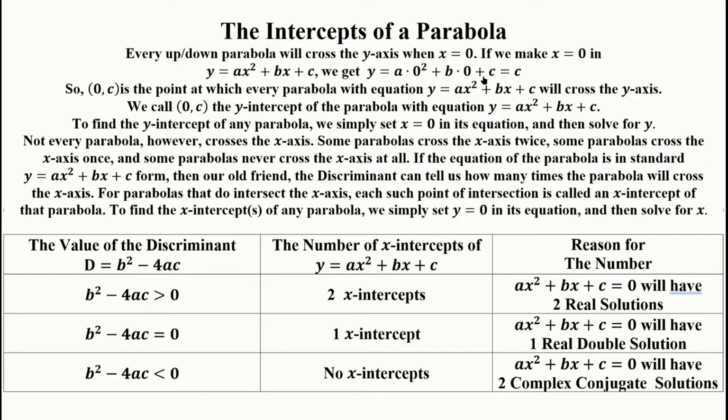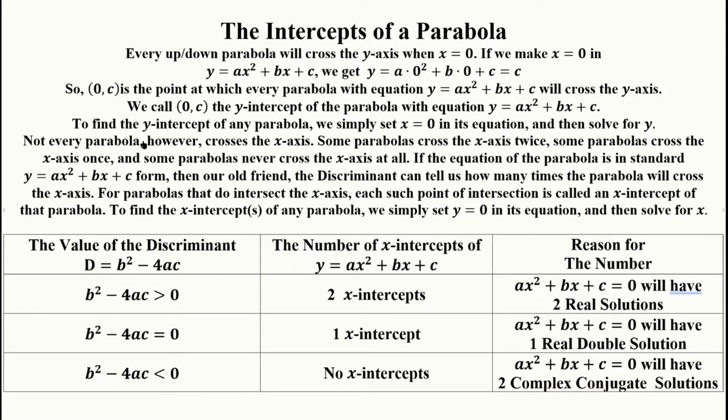That's why (0, c) is the point at which every parabola with equation y equals ax squared plus bx plus c will cross the y-axis. We call (0, c) the y-intercept of the parabola. To find the y-intercept of any parabola, we simply set x equals 0 and then solve for y.